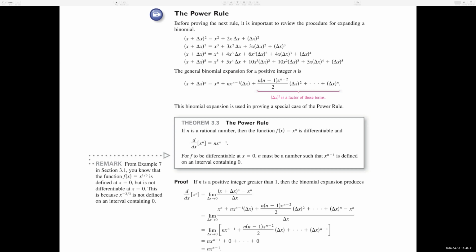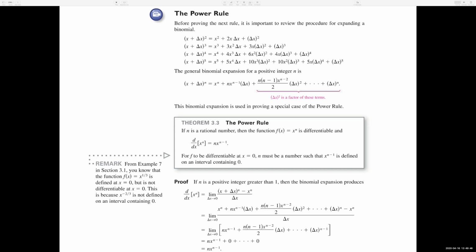So for the power of n, in general, the binomial expansion for a positive integer n is going to be x to the n plus n, x to the n minus 1 delta x plus, and so on and so forth, right? You can see that you have delta x in most of the terms except the first term. So when you bring it down to the proof, you can see that x to the n will get canceled by the x to the n at the end of the numerator.